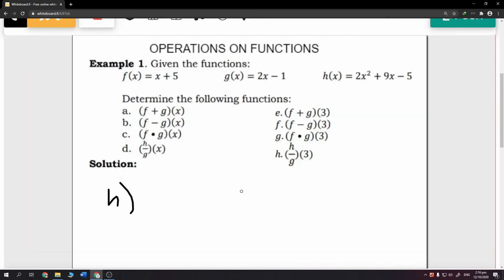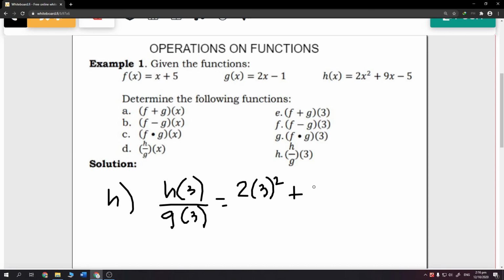Letter H, we have h of 3 over g of 3. Our h of 3, we can substitute that 3 for x here. So we have 2 times 3 squared plus 9 times 3 minus 5 over our g, which is 2 times 3 minus 1.